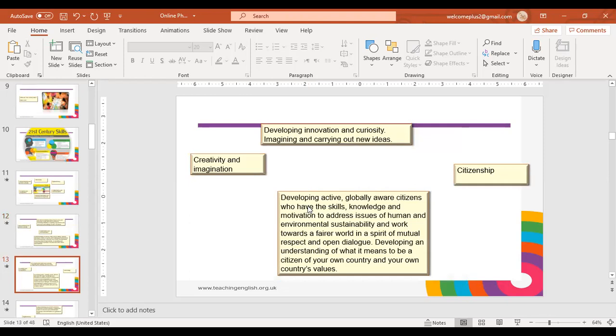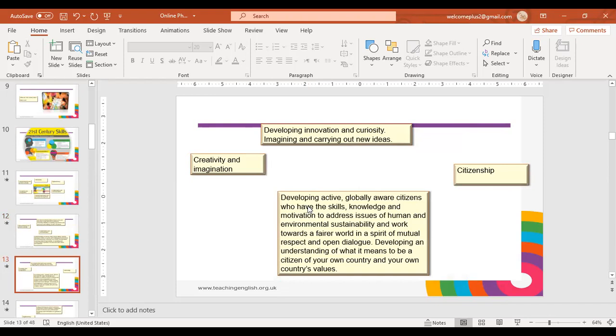Okay, we have two other definitions. Try to match them. Creativity and imagination goes with developing an innovation, thirst, curiosity, imagining and carrying out new ideas.